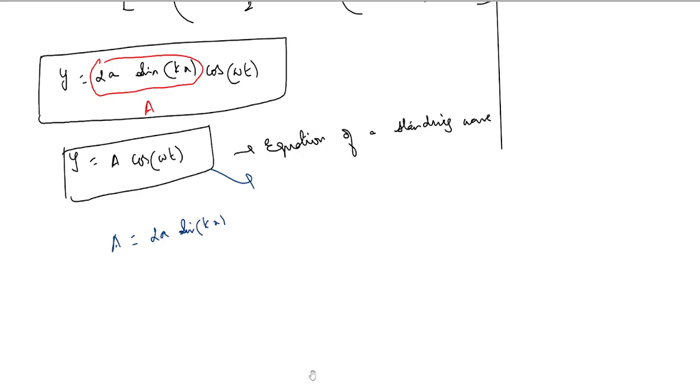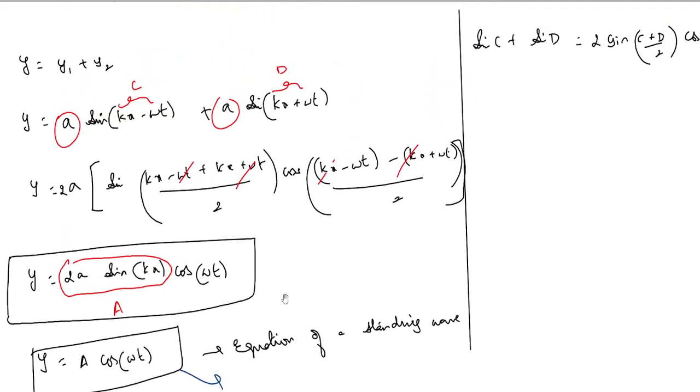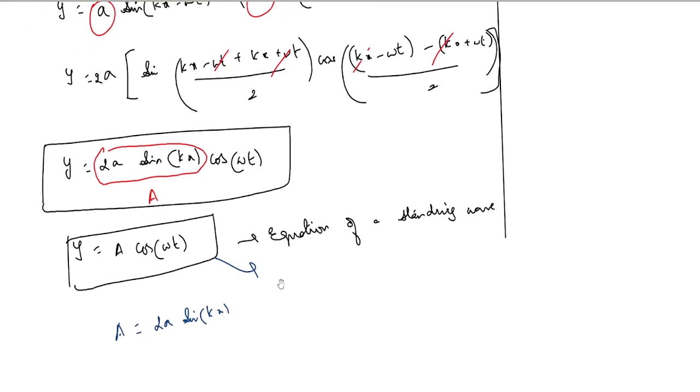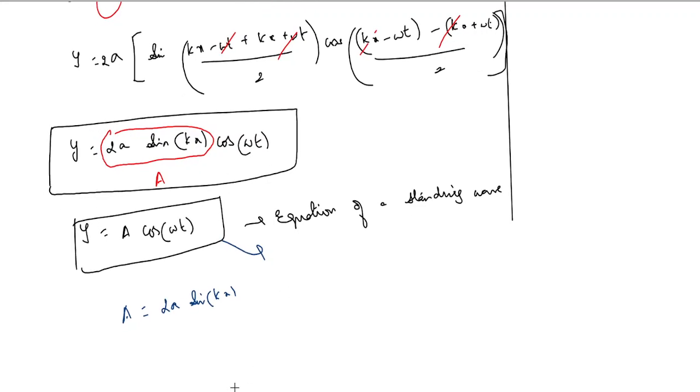That means each particle here would undergo oscillations. So even here the particles would vibrate, they oscillate, but each particle will have a different amplitude, but the resultant wave, which is the standing wave, will have the same frequency and same wavelength as the individual wave. So the wavelength will not change, the frequency will not change, but the amplitude of each particle will vary.